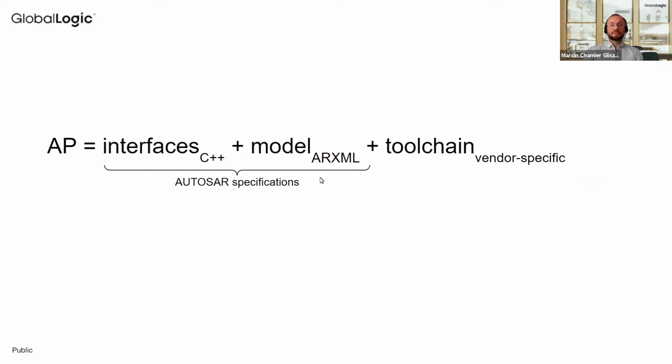Models are called ARA XMLs. In the model, we describe our application and the public interfaces of our application for service-oriented communication. The toolchain, the generators and all other tools, is provided by vendors. Currently, the best-known vendors for toolchains are Vector and Electrobit. Other smaller vendors or car manufacturers are trying to develop their own, but this is still ongoing.